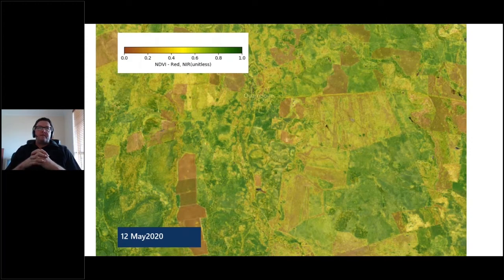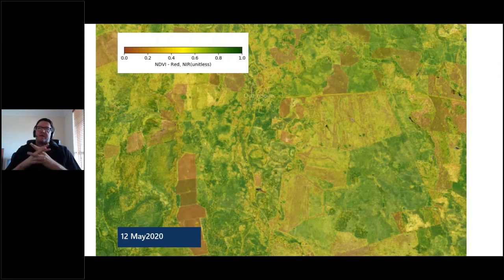Quite importantly, you can see in this particular image, there's a lot of variability. You can see some bare paddocks probably being prepared for a winter crop, with no signs of germination or sowing in those paddocks. You can see a few paddocks around with quite variable and patchy response.